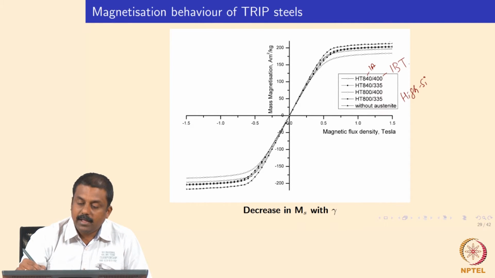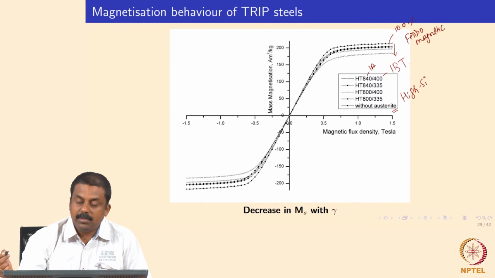In the first case, we have a microstructure without retained austenite, and we have 100% ferromagnetic material. By introducing the paramagnetic component, the magnetic saturation value decreases compared to the microstructure without retained austenite. So by calculating the differences, we can calculate how much retained austenite is in the microstructure.